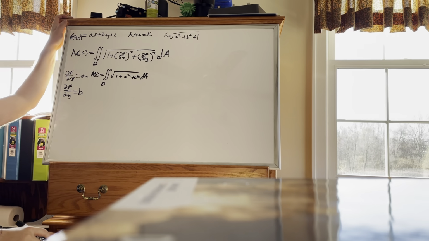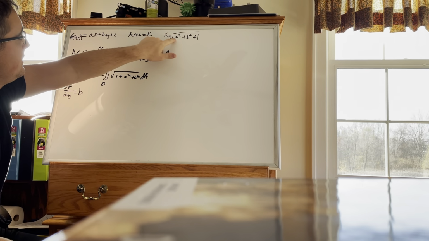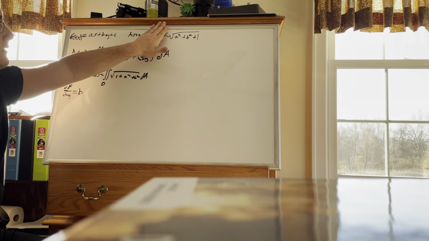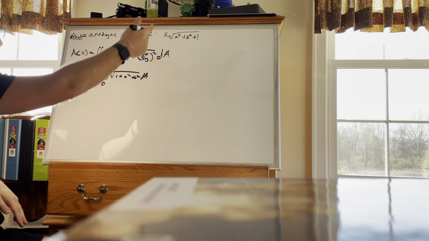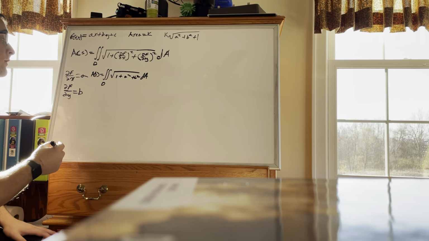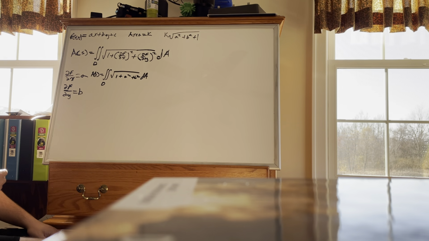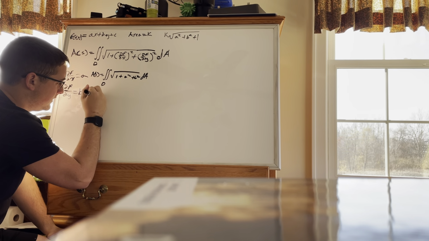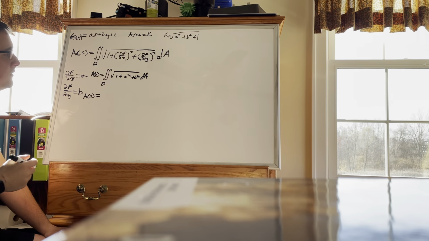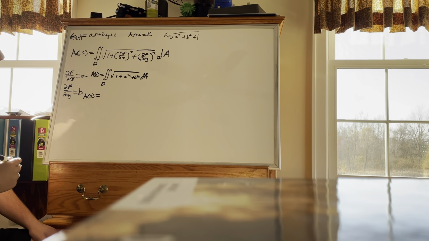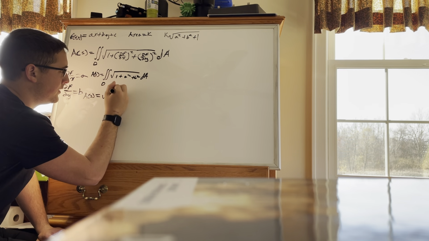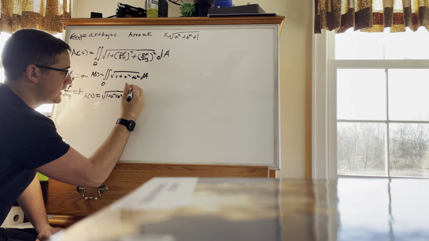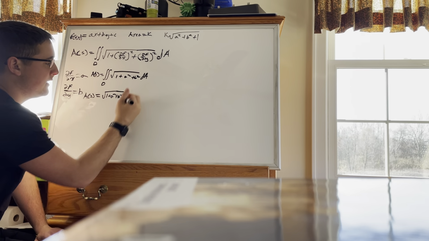And now this works out really nicely, because this is part of what we're trying to get to. S is equal to the square root of 1 plus a squared plus b squared times the integral.